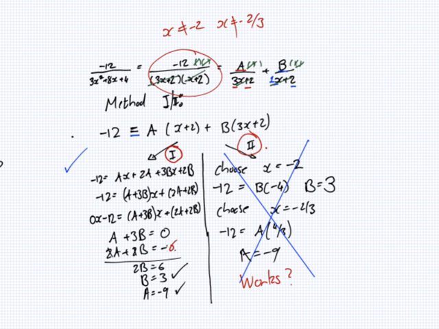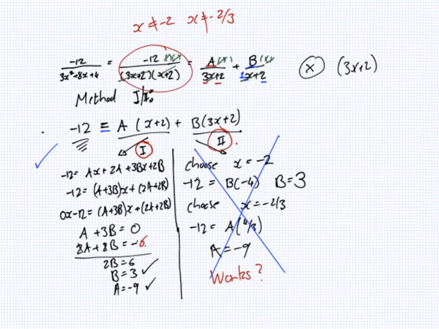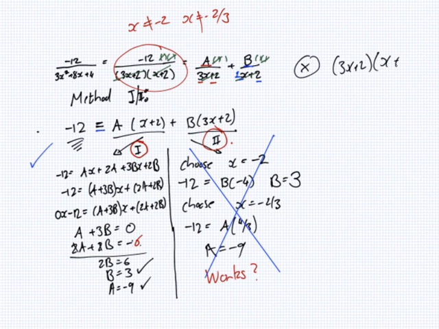So it cancelled the 2, leaving me with just the minus 12. It cancelled one of them, leaving me with that. And here it cancelled one of them again, leaving me with that. In other words, I multiplied everything by 3x plus 2 and x plus 2. And if you're wondering where I got those, it's always the original denominator that you multiply by.